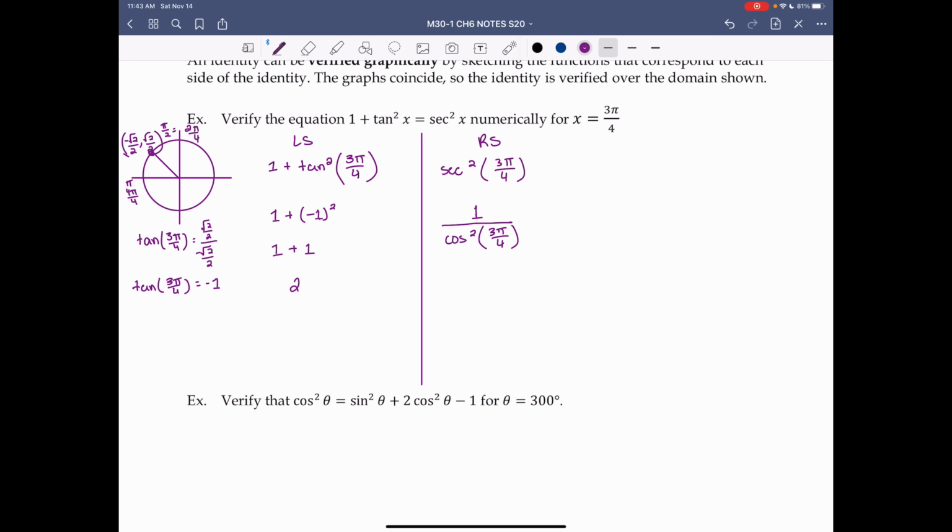Then we need to determine the value of cos of 3 pi over 4. Cos of 3 pi over 4 equals the x value. Cos is the x value on the unit circle. And we saw that that was negative root 2 over 2.